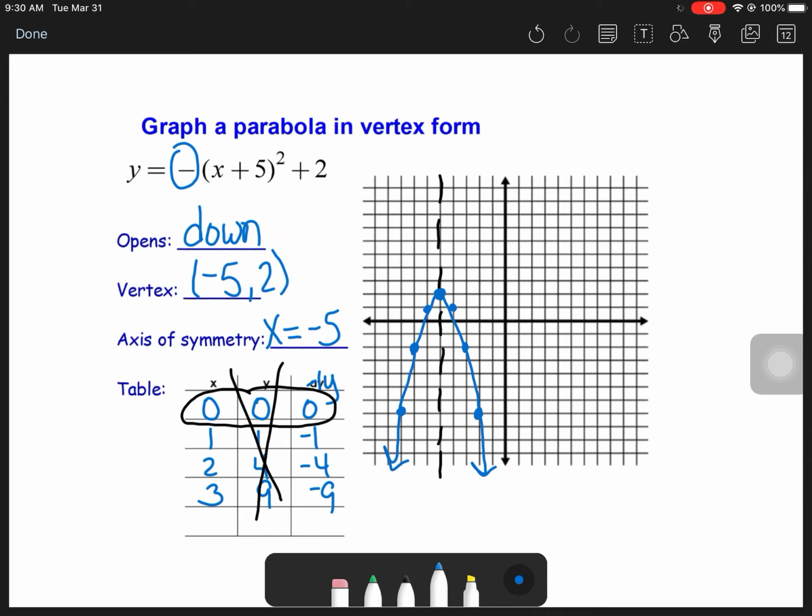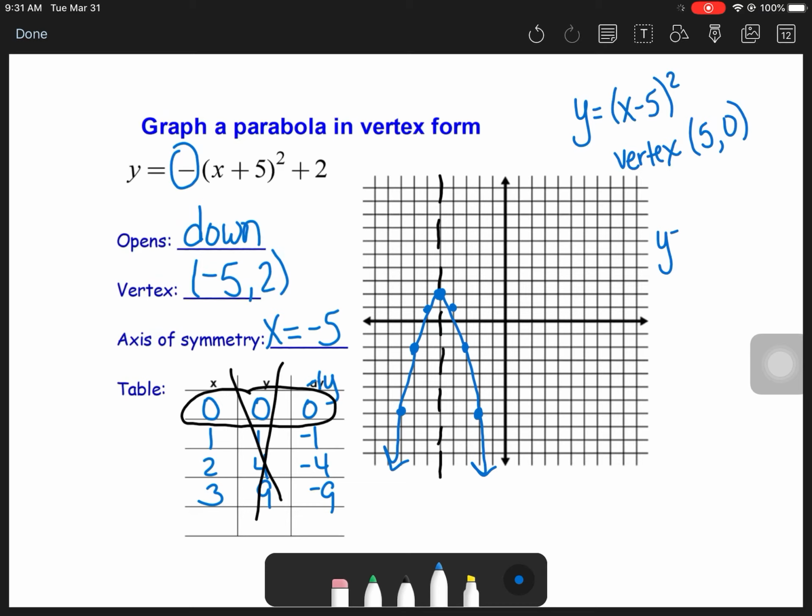One thing I'd like to remind you is if we had an equation like this, y equals (x minus 5) squared, and we wanted to find the vertex, remember our vertex would be the opposite of our h value, which would be 5, and since there is not a k value, it would be at 0.